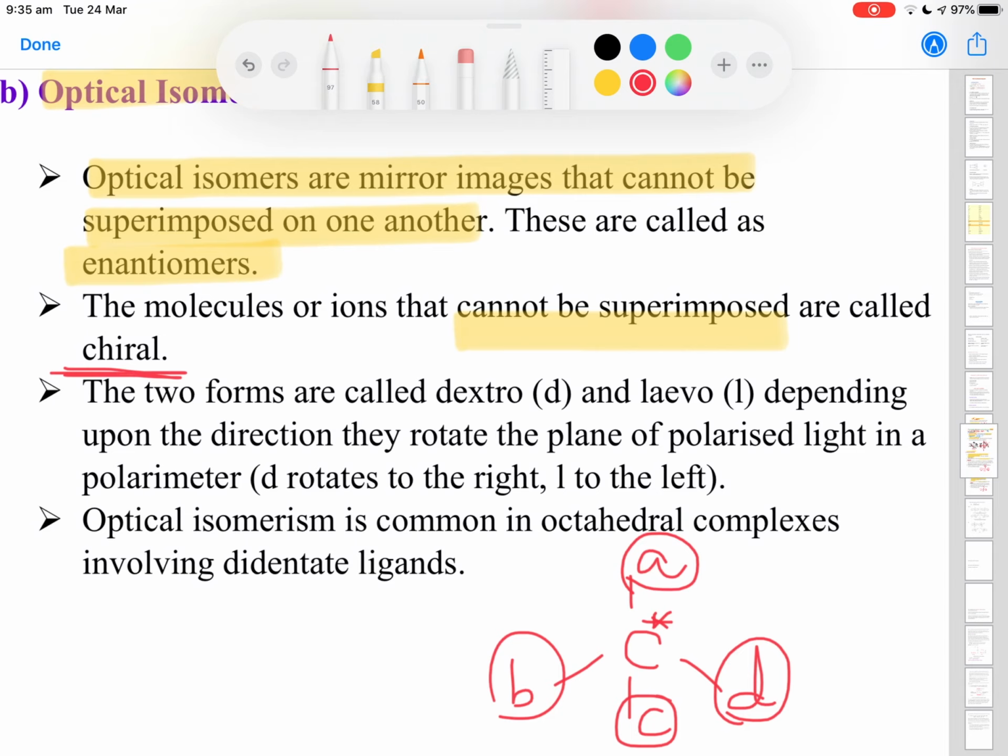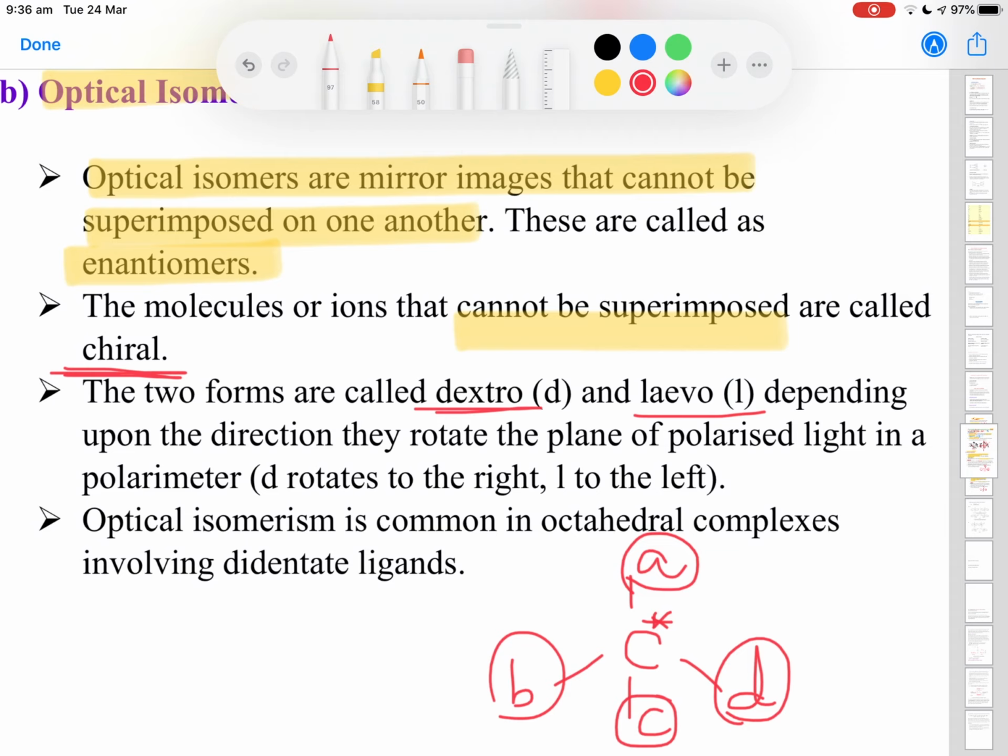And the two forms which originate because of optical isomerism, one form is called dextro and the other form is called levo. So dextro means turning the plane polarized light towards right, and levo means turning the plane polarized light towards left.